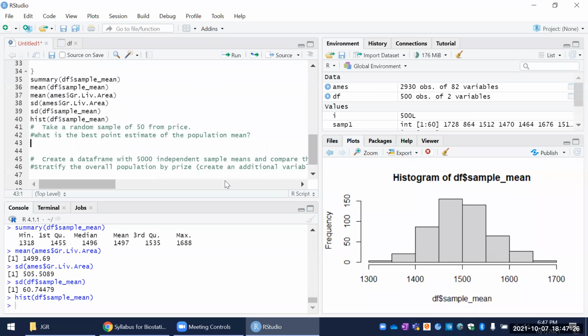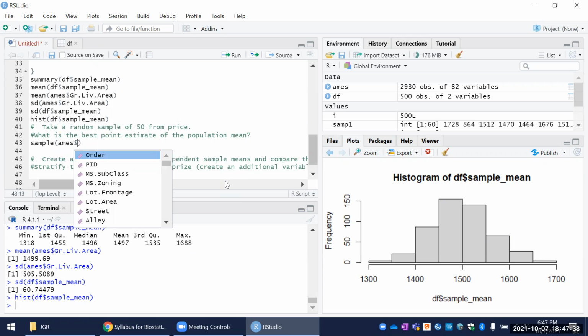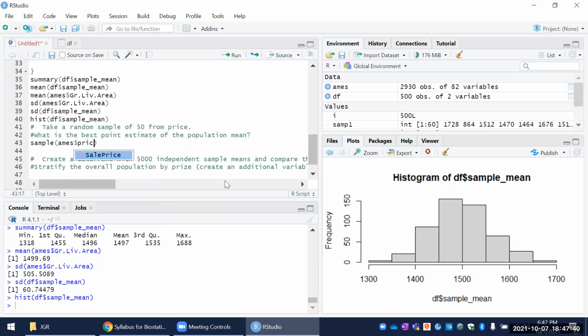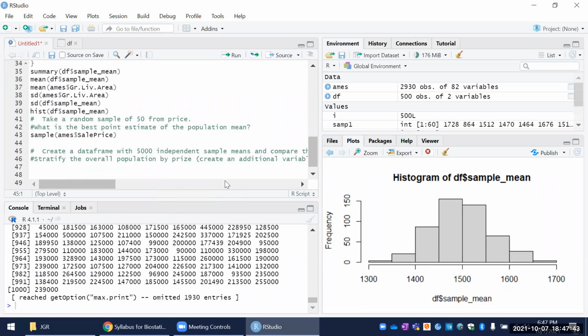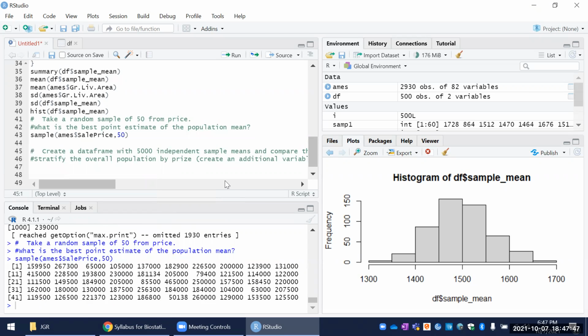So now we can do the random sample of 50 from price. So if we do sample Ames price, sale price. This was all 50. So now we have 50.